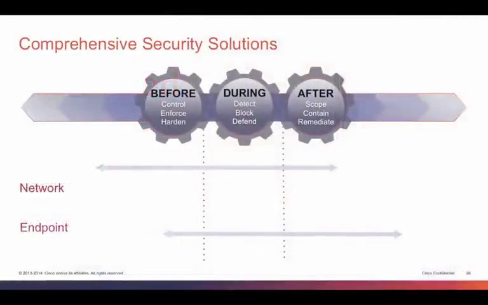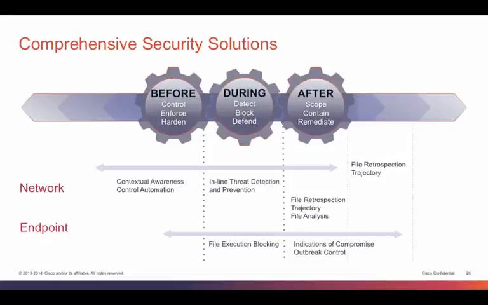So in summary, the way that we're analyzing the security problem is by looking at the entire attack continuum and looking at all of the things that you have to do before, during, and after an attack takes place. In order to deal with the industrialized threat, we need to look at these phases comprehensively.